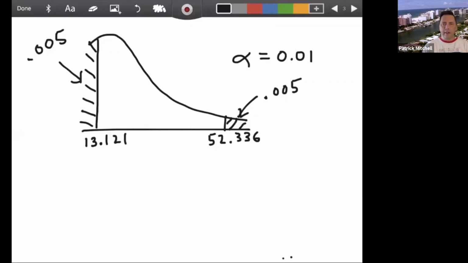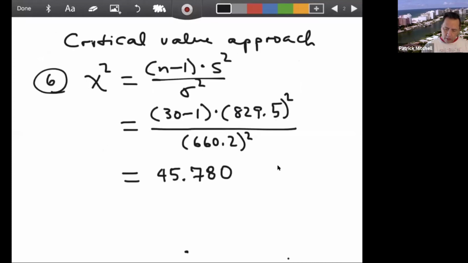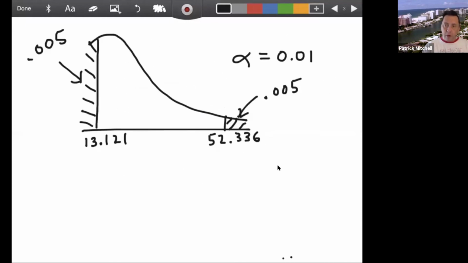All right, this is what our critical region looks like. Okay, so we have the lower area bounded by 13.121. The upper area is bounded by 52.336. Our calculated test statistic, that's what I thought, was 45.780.